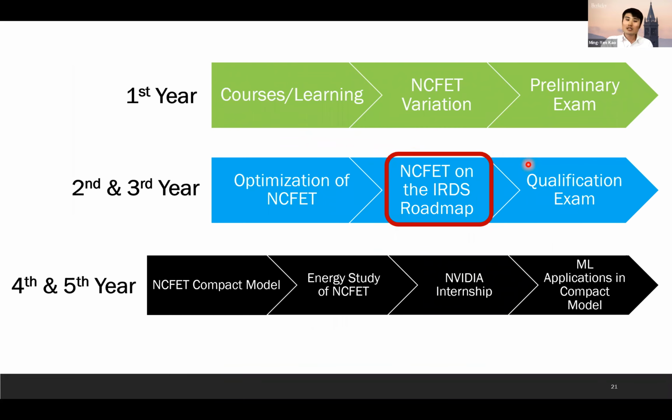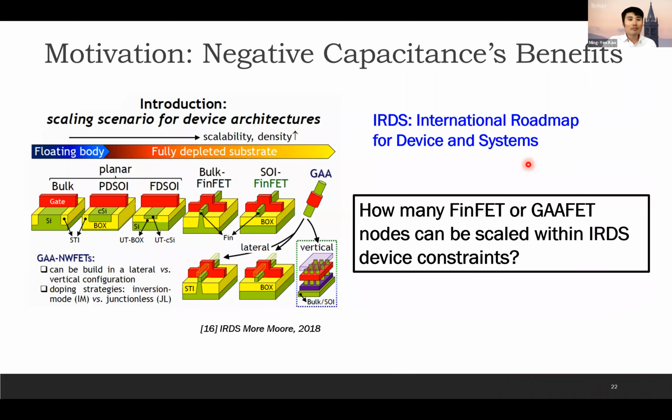And for the next topic, I'm going to talk about the NCFET on the IRDS roadmap. Before that, I have to explain what the IRDS is. IRDS is an organization, an abbreviation of International Roadmap for Devices and Systems.